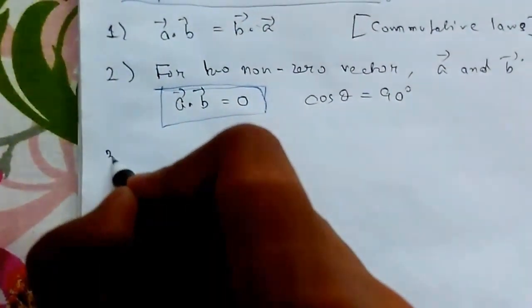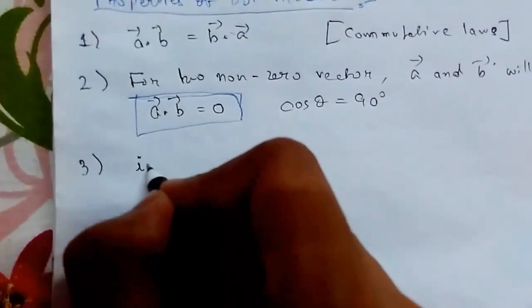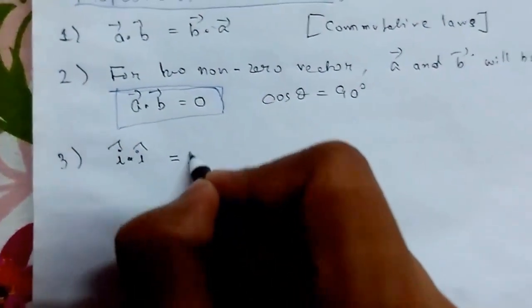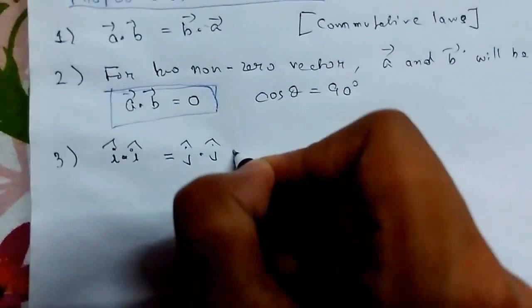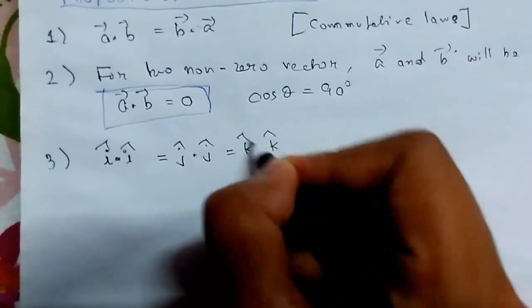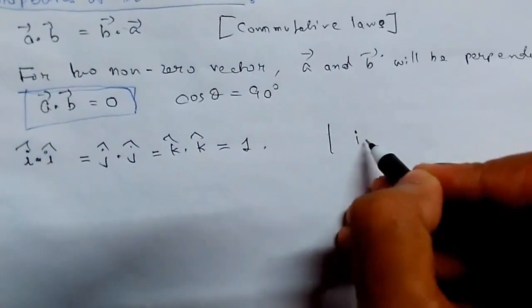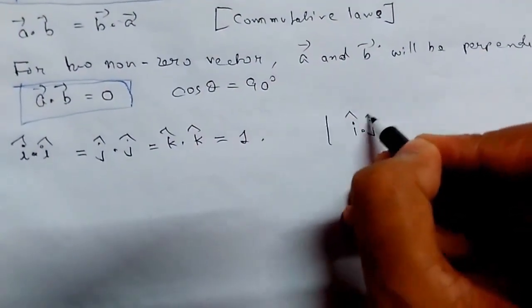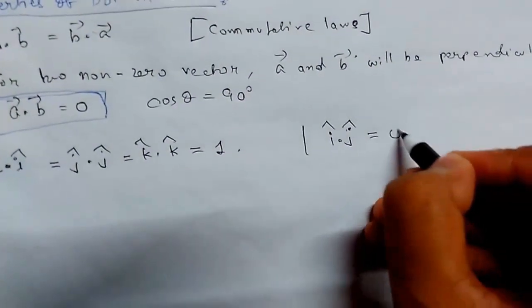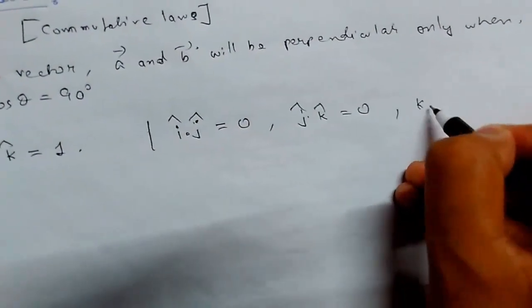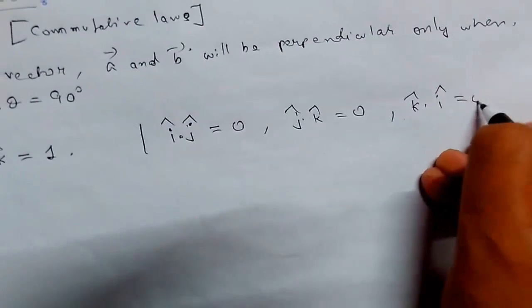Number 3, we have, these are the unit vectors, I dot I. If you multiply two unit vectors in the same direction, whether for any case, that will be equals to 1. And similarly, if we multiply two unit vectors of different coordinate, this will be 0, or j dot k will also be 0, or k dot I, this will also be 0.